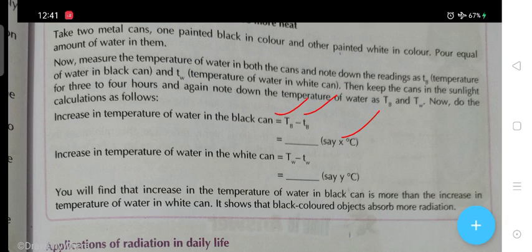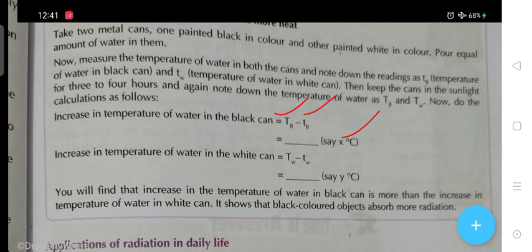And second, the increase in temperature of water in the white can is TW minus tW. So overall we can say that black or dark color absorbs more heat, and if it absorbs more heat, then it will increase the temperature of the substance filled in that can.